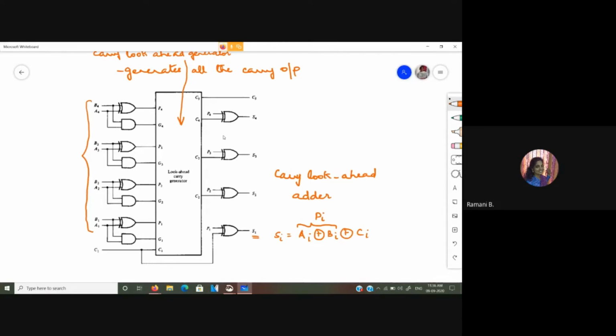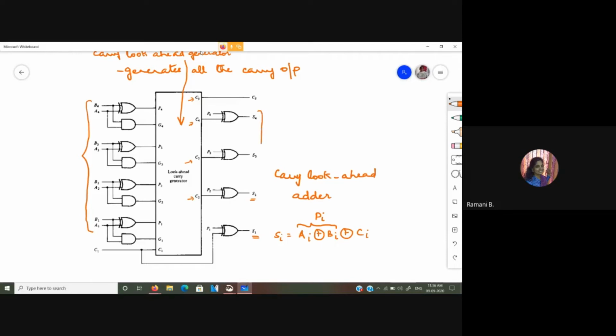Same way. So here, as all the carries are generated within this, readily available are our C2, C3, C4, C5, all those cases. Depending on the number of input bits, you will be having that. So S2 is generated with P2 XORed with C2, likewise all goes. So with just 2 level gate delay, you will get the carry output.